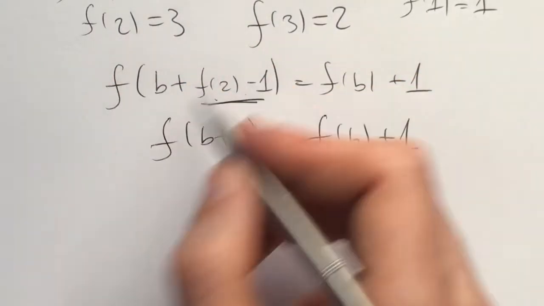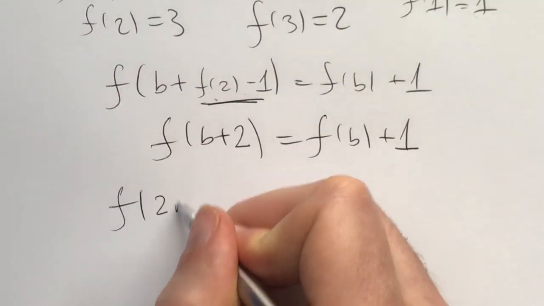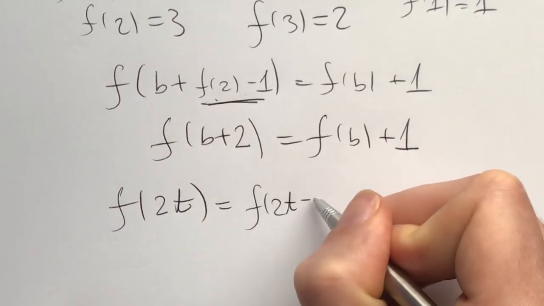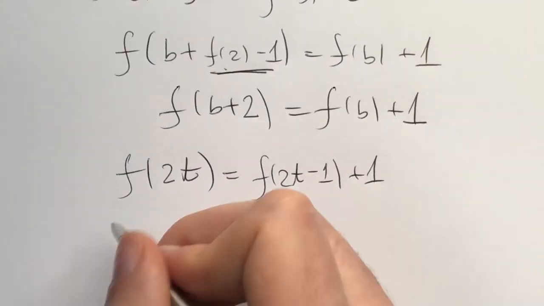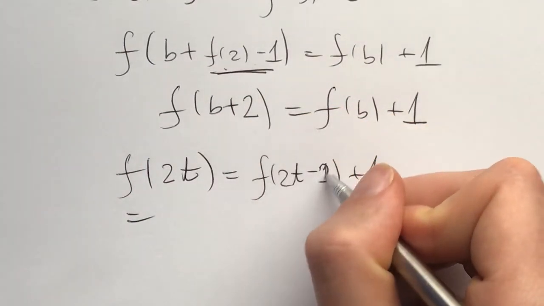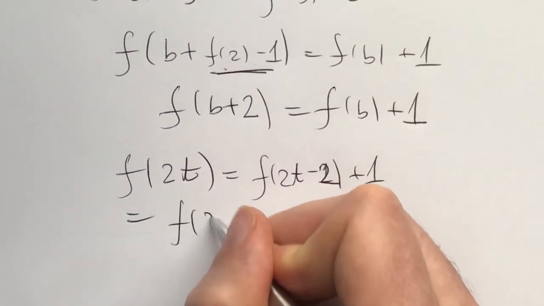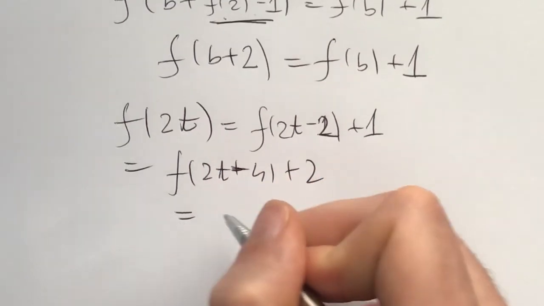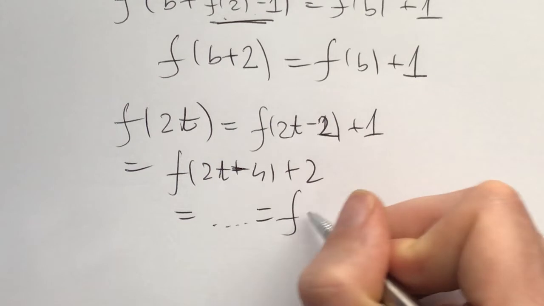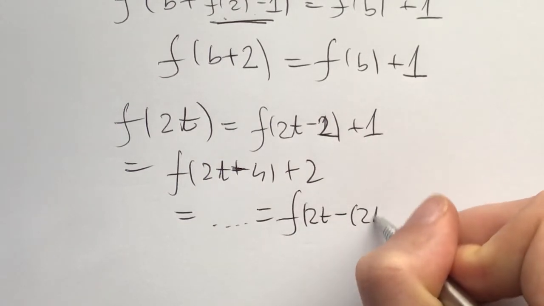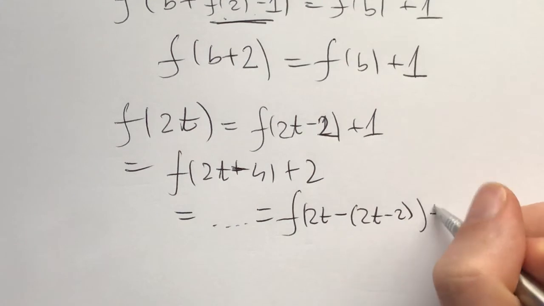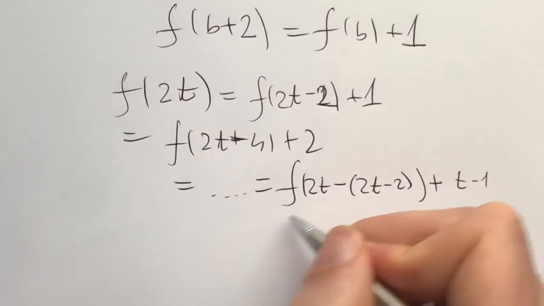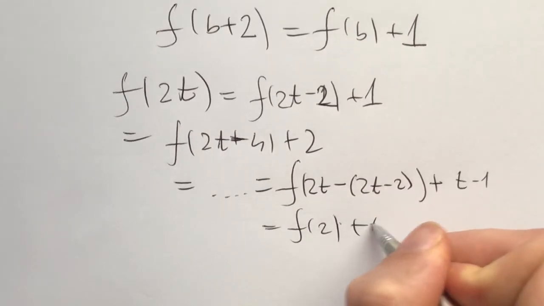Now what this means is that f of 2t for every even t is going to be equal to f of 2t minus 1 plus 1, which is f of 2t minus 2 plus 1, which is equal to f of 2t minus 4 plus 2, all the way till f of 2t minus 2 plus twice t minus 1, which is equal to f of 2 plus t minus 1.